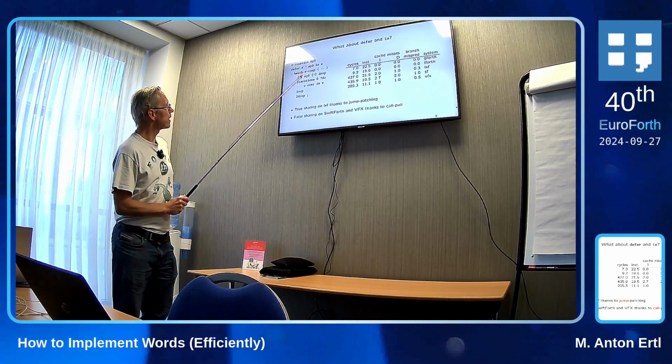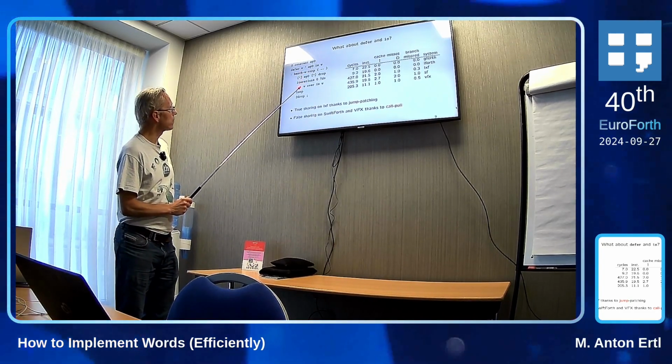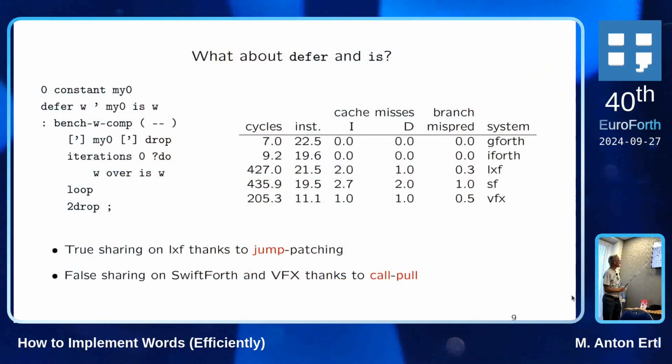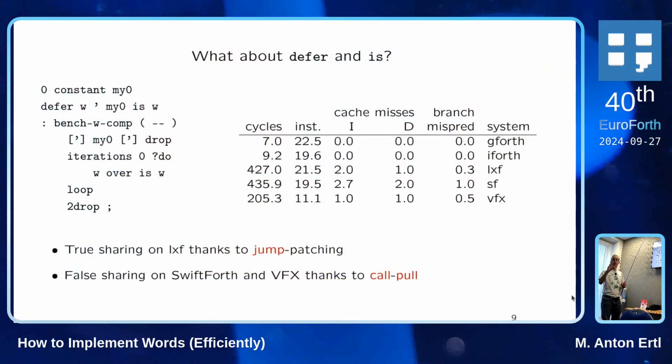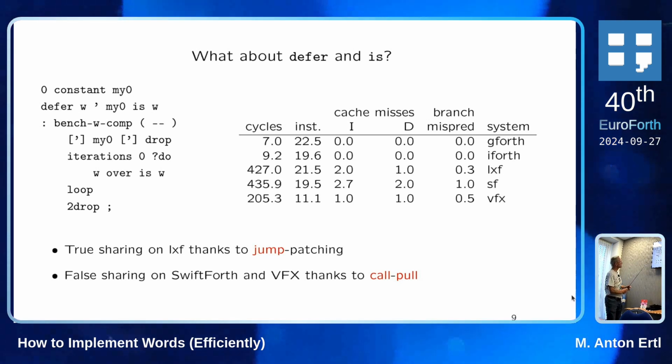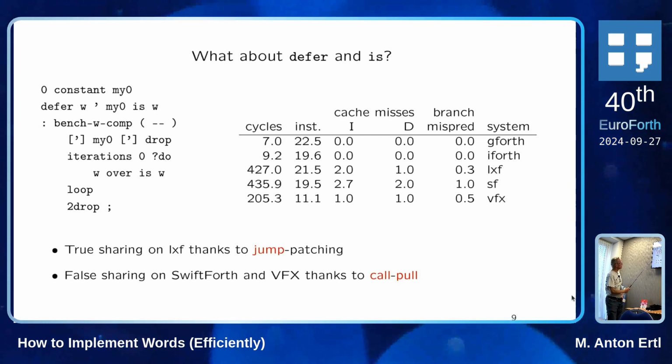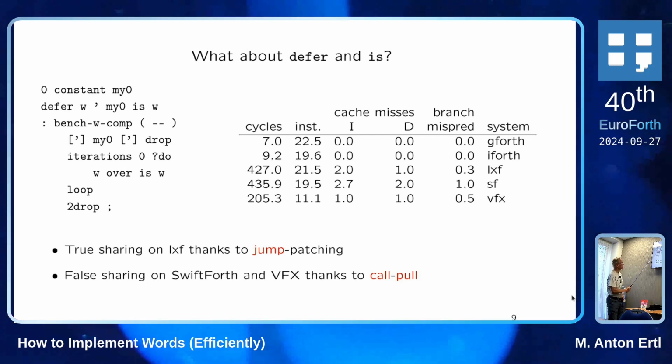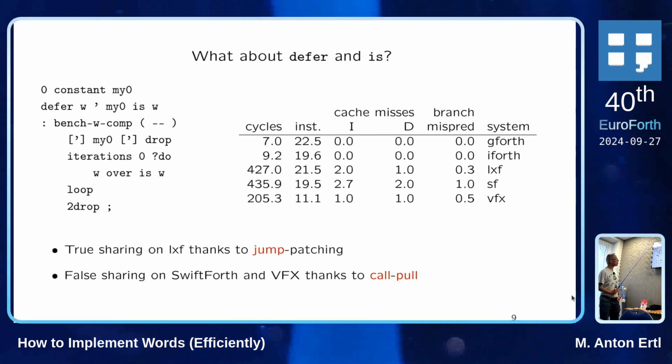What it does is we have this deferred word W, and in every iteration we change what it does. In one iteration it does -0, and in the next iteration it does drop, and then again -0, and in the next iteration drop.